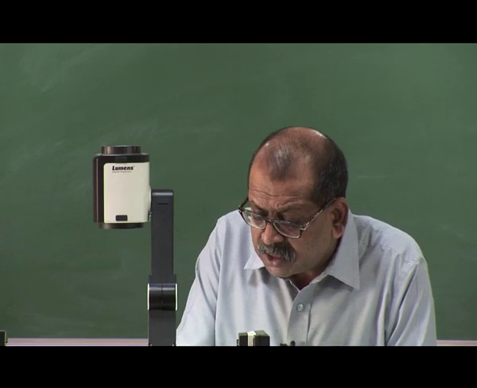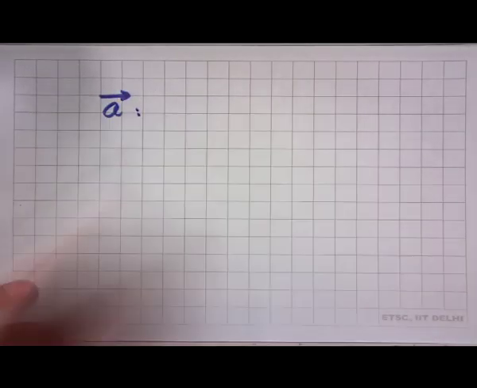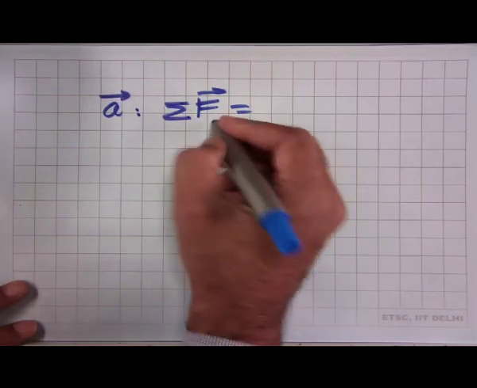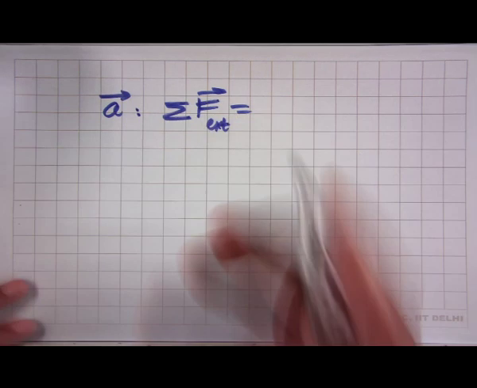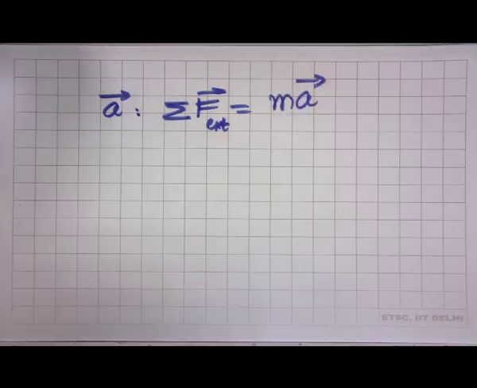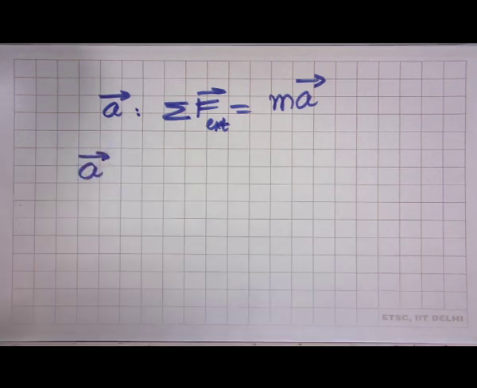The other side is we have the acceleration. Sum of forces external, acting outside the particle, is equal to m times a. Now, let us have a brief discussion on acceleration.